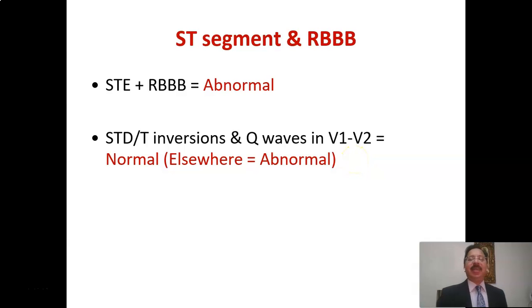On the other hand, if you see ST segment depression or T wave inversion in lead V1 and V2, it's normal. But if you see ST segment depression, T wave inversions or Q wave anywhere other than V1 and V2, that's abnormal.